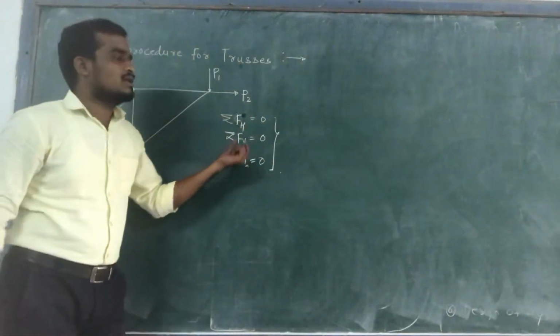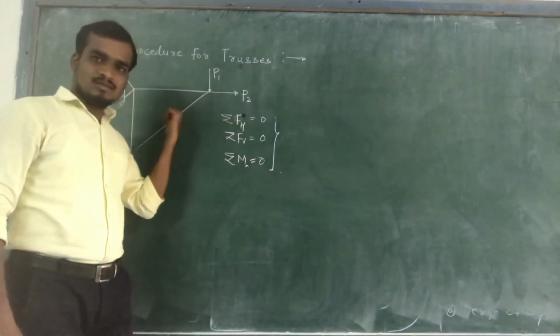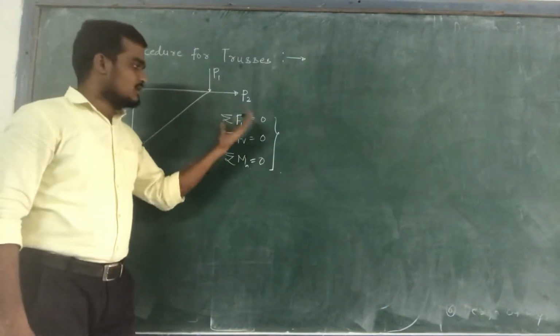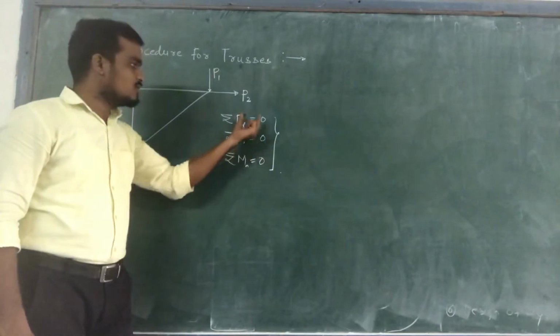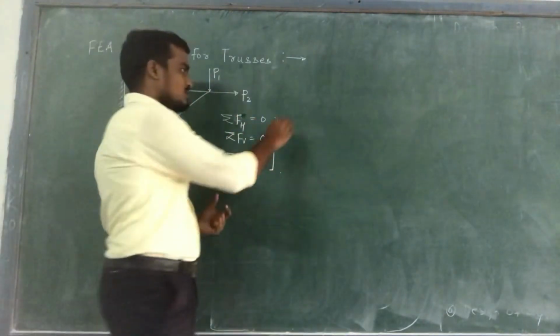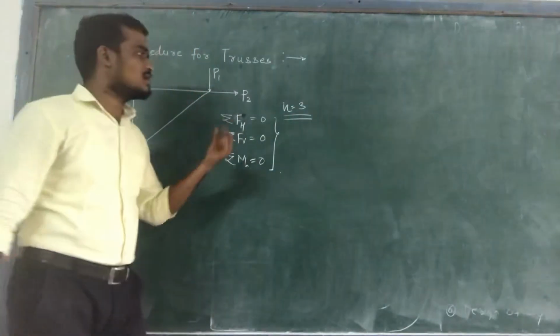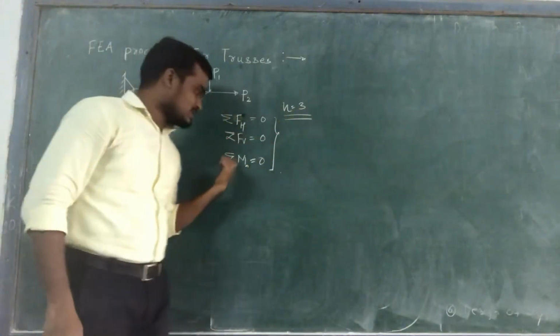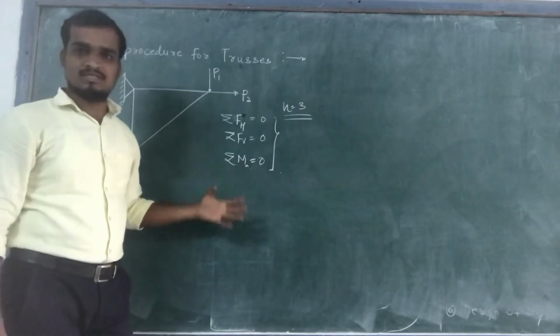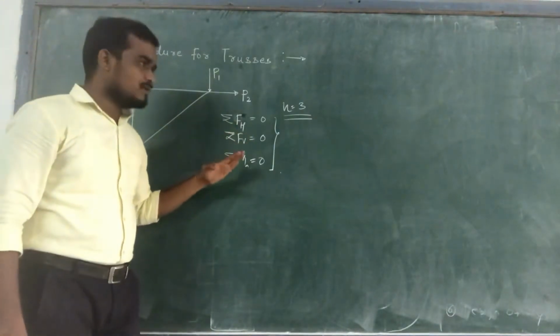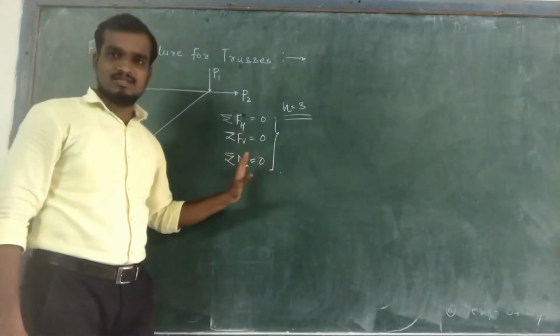If the number of unknowns in the structure is less than or equal to the equilibrium equations, here n equal to 3, then you can call it a determinate structure.